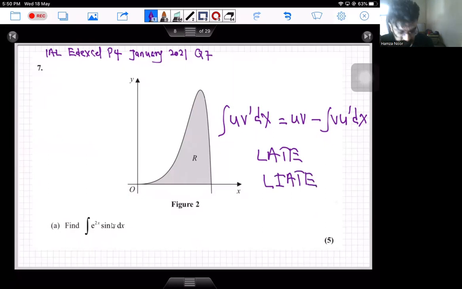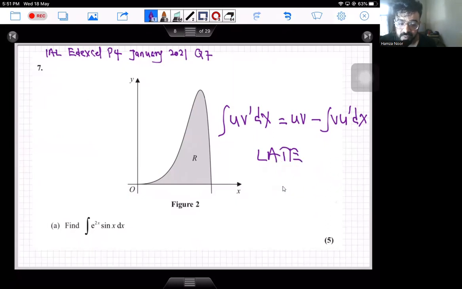In the LIATE rule, this T only refers to the normal trigonometric functions, not the inverse ones. When inverse trigonometric functions are involved, we have this I. So the sequence of taking u first is log, then inverse trigonometric, then algebraic, then trigonometric, and then exponential.